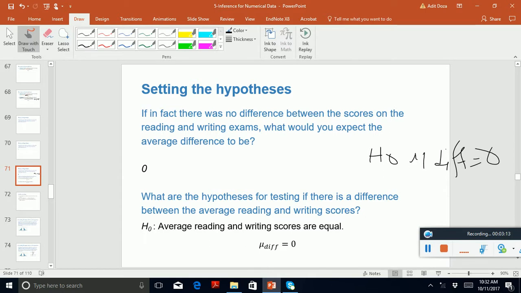And if there is a difference, then the alternate we always write as HA, and then we say the difference is not equal to 0. So the difference can be either positive or negative, right? If the reading score is greater than the writing, it's positive, and if the reading score is lower than the writing, then it's a negative difference.